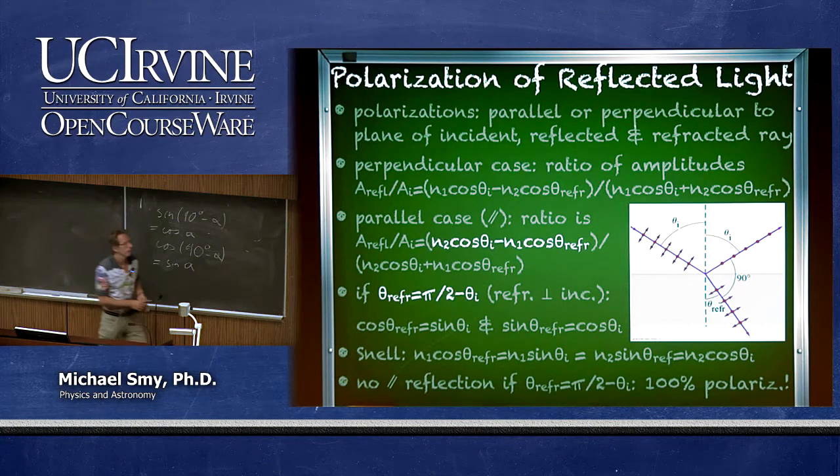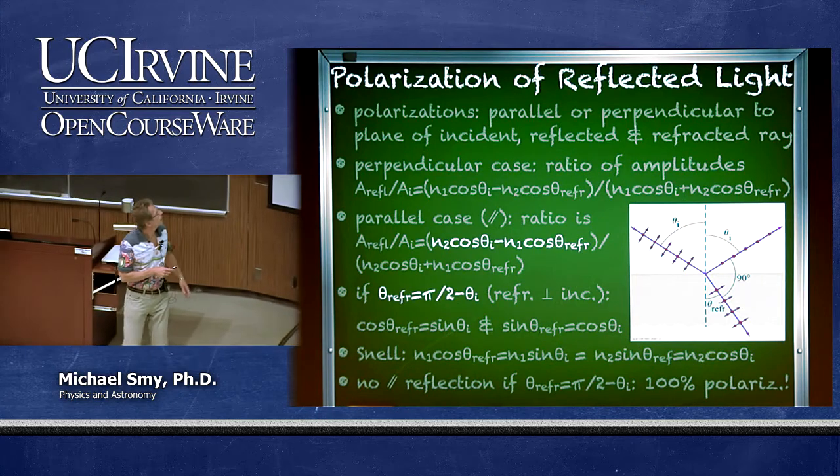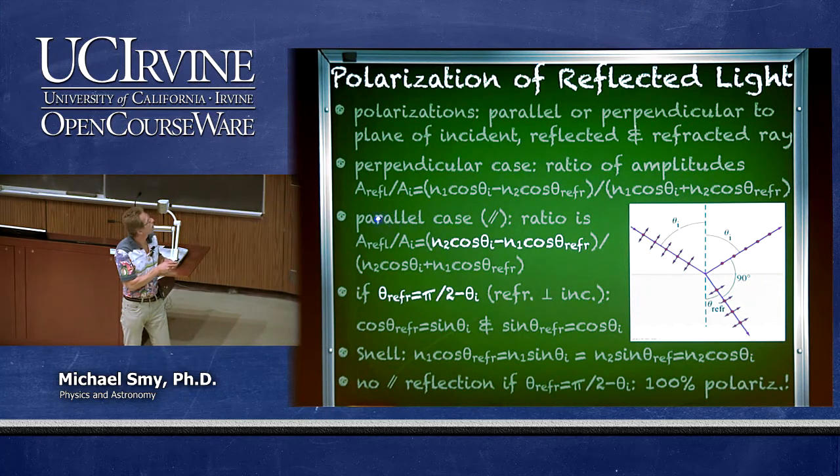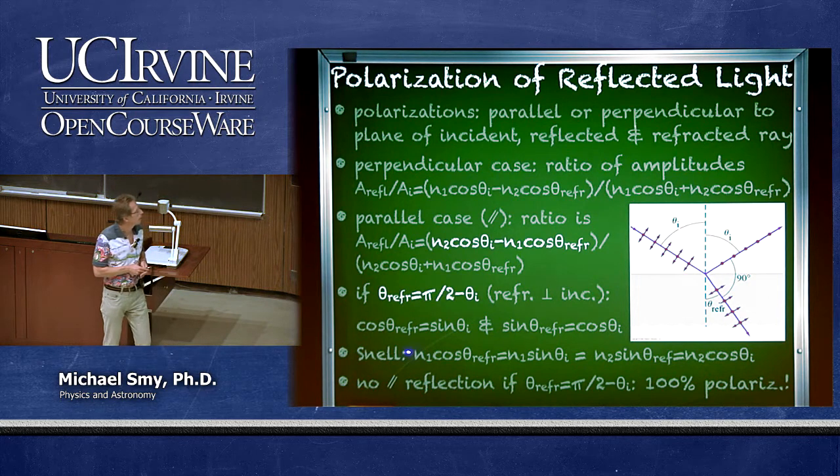So if we now look at the parallel case, then we notice that the incident angle or the reflected angle is the same as 90 degrees minus the refracted angle, and using Snell's law, we note that n1 cosine theta refracted equals n1 sine theta incident.